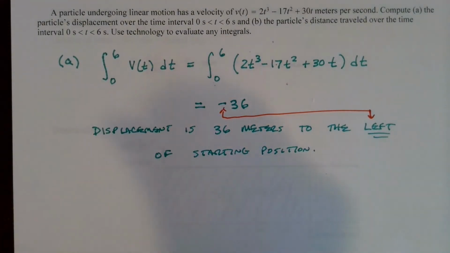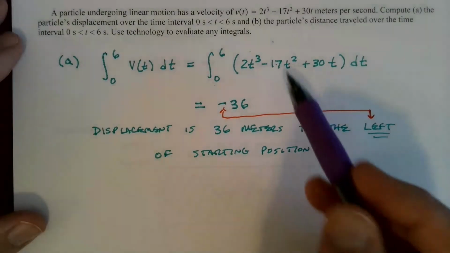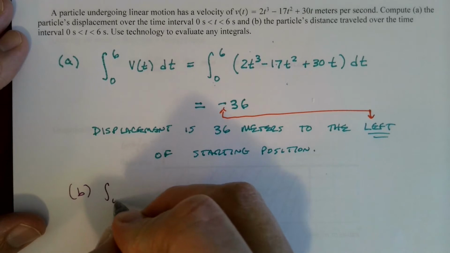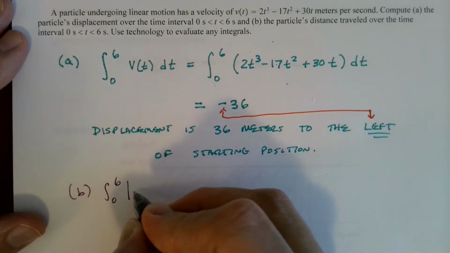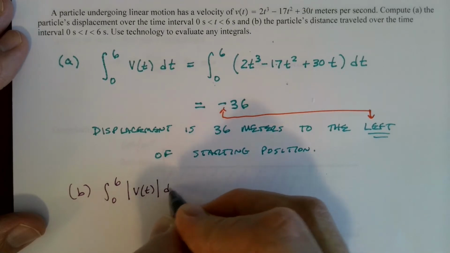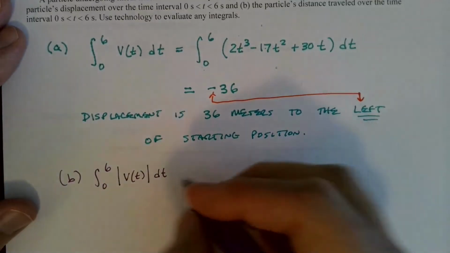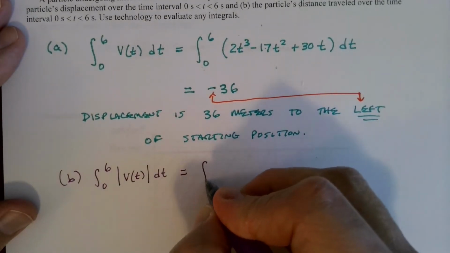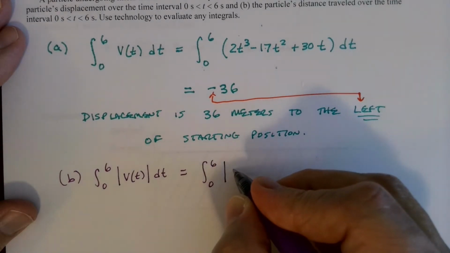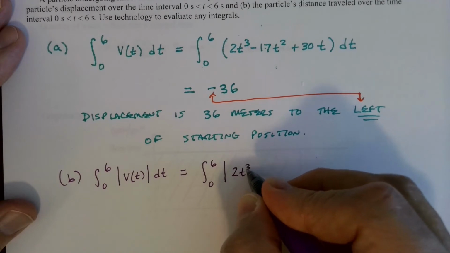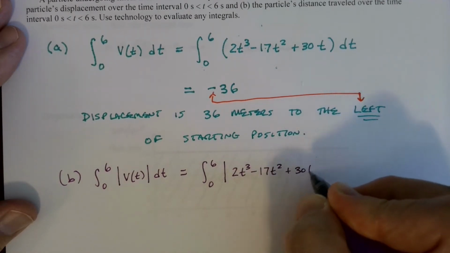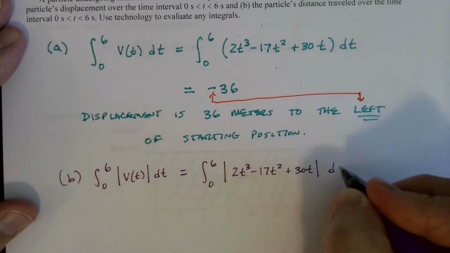However, when we go to distance traveled, what did we say that is? That's going to be the integral from 0 to 6 of the absolute value of v of t dt. So the integral from 0 to 6, absolute value of 2t cubed minus 17t squared plus 30t dt.